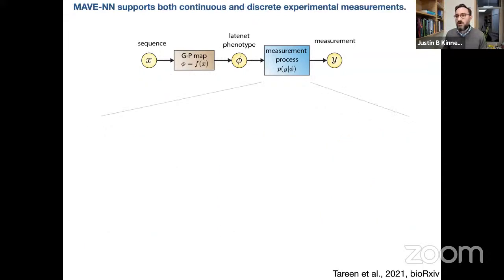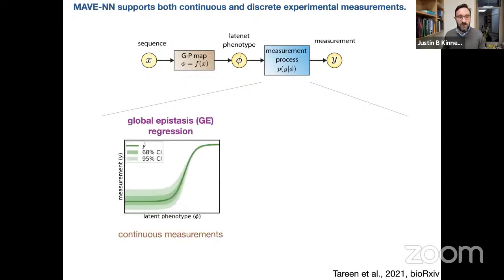Maven currently supports two different types of measurement processes in order to support both continuous and discrete experimental measurements. Global epistasis regression is used to model MAVE data that contains continuous measurements.